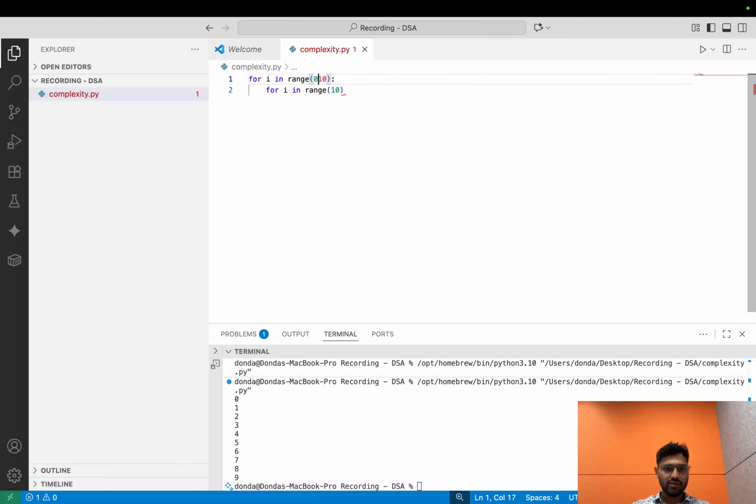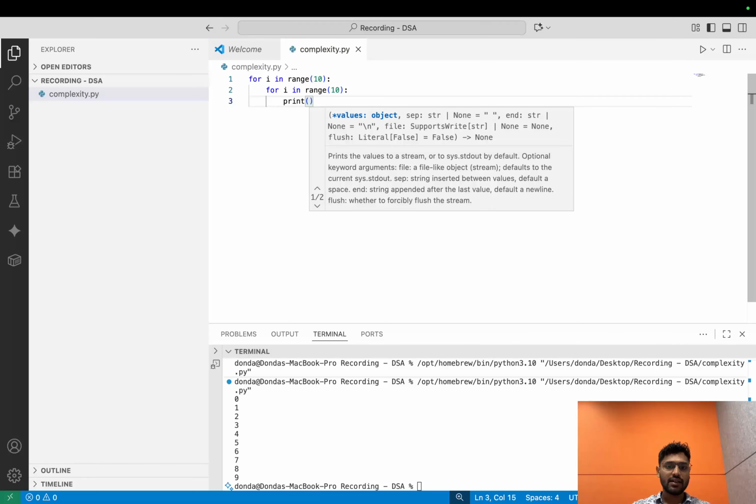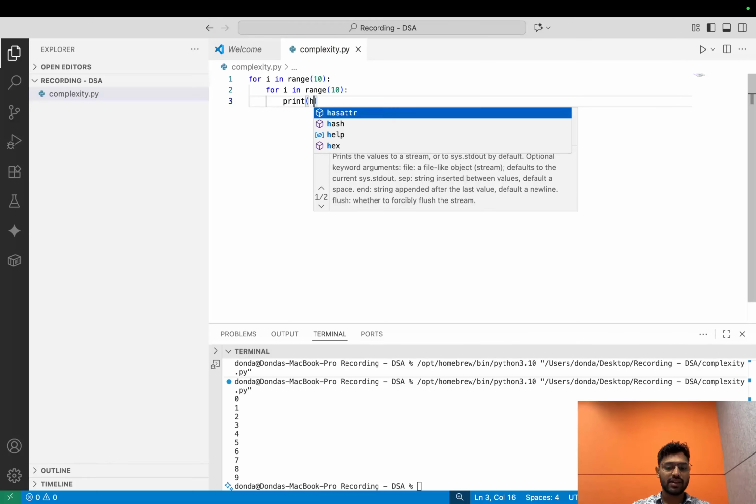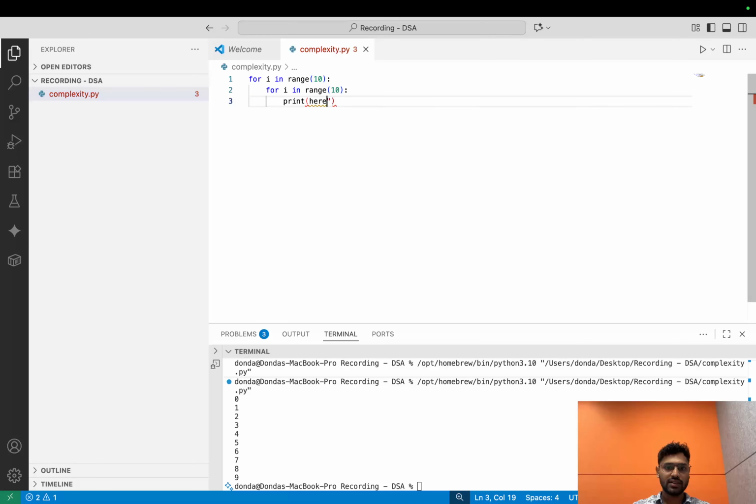Anyway, it's starting with 0, so let's remove it and print. You can print anything. You can print here also, it doesn't matter. Or let's print z. Okay, and print, this is for a new line. After the inner loop runs n times, we are going to print a new line.